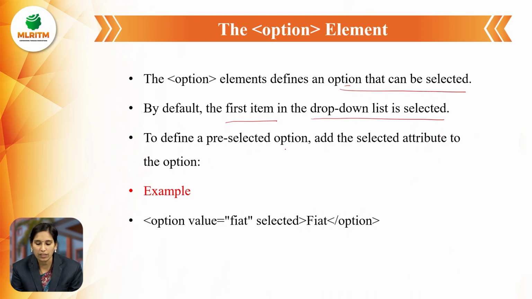If you want to define a pre-selected option, if you want to fix any option, then you add the selected attribute to that option. See this example: option value Fiat, selected. So Fiat should be fixed in this drop down list.